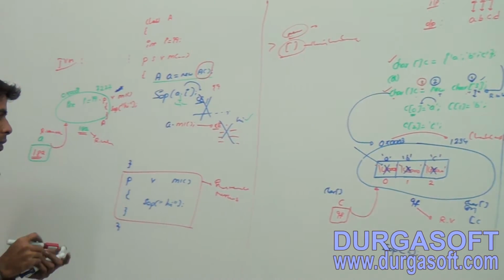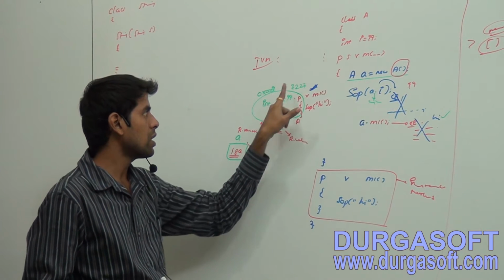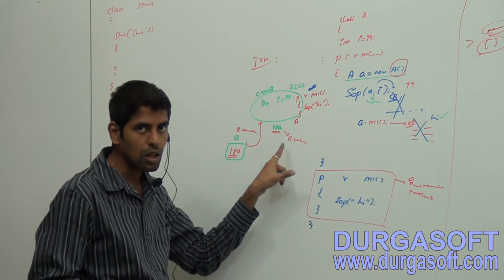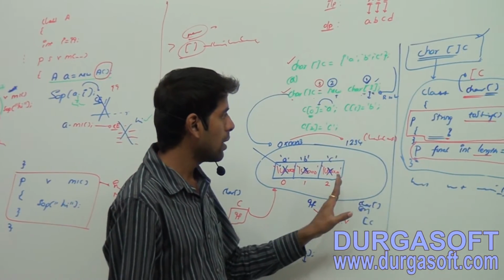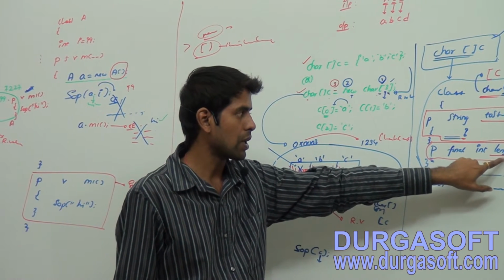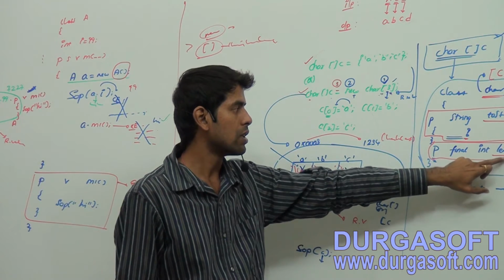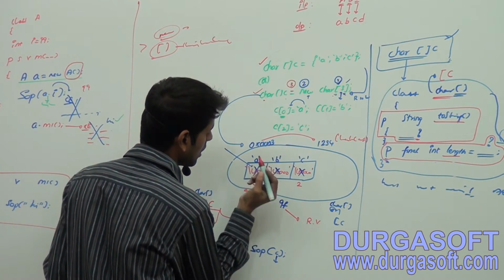Observe here. Int i is what? Instance variable. Instance variable available within the object. And here we also have one more instance variable, which will also be available within the object.